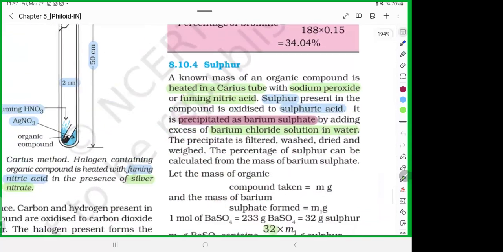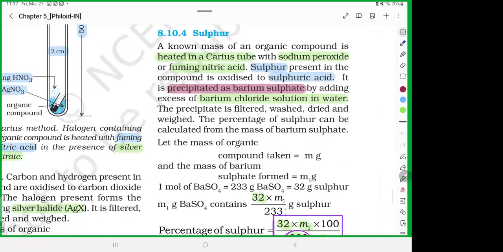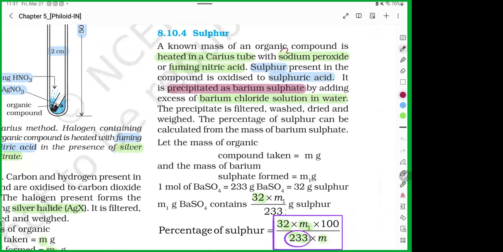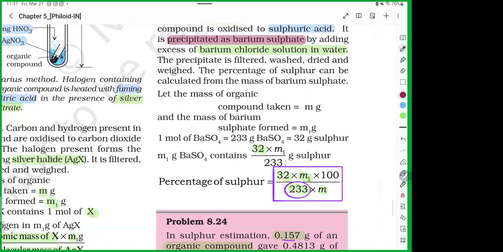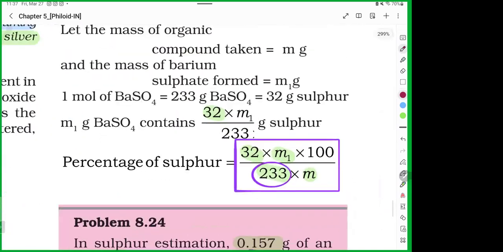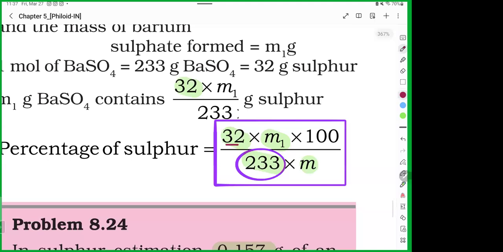Same for sulfur, same Carius tube. Here you use sodium peroxide, then sulfur converts into sulfuric acid, then barium sulfate, and this is the formula. 32 sulfur mass, 233 barium sulfate mass, divided by total mass, multiply by 100. Simple, correct formula for this question.